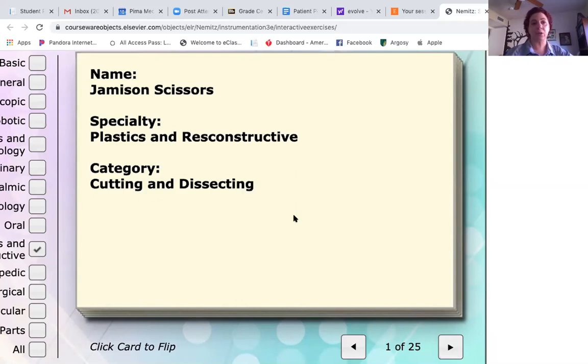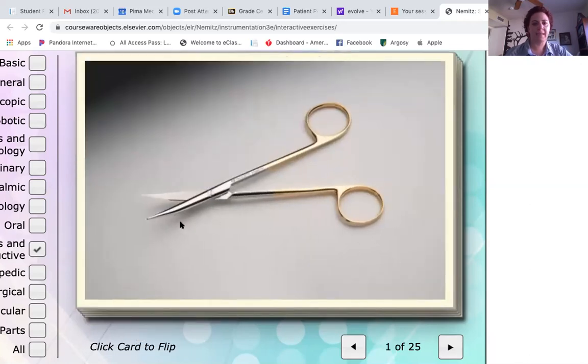But basically they look the same at the tips, and whether or not the surgeon uses one over the other is probably their preference. I had a surgeon that liked what he called the 6-inch tenotomy, which was a Jamison scissor, but he knew it as the 6-inch tenotomy. So anyways, cutting and dissecting, you can see that cut in tip right there, different than any other scissors that we've seen before.